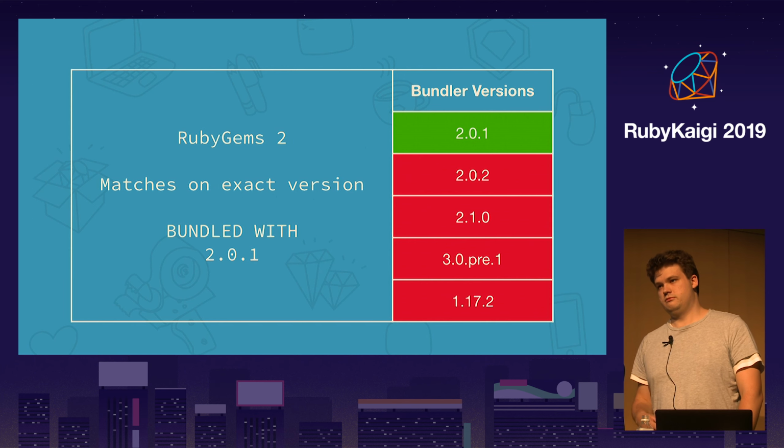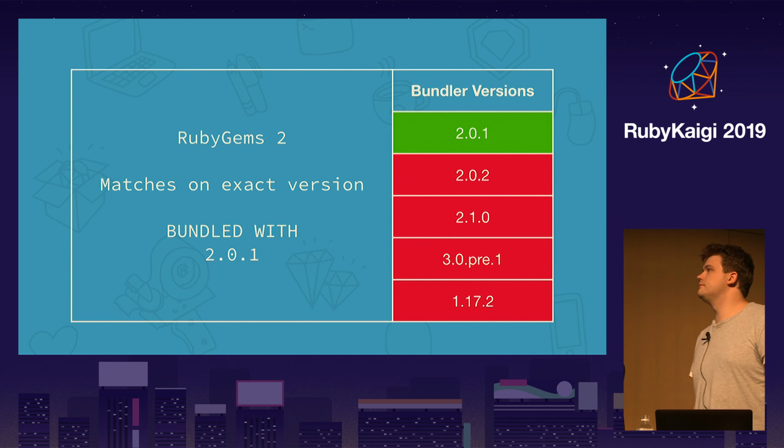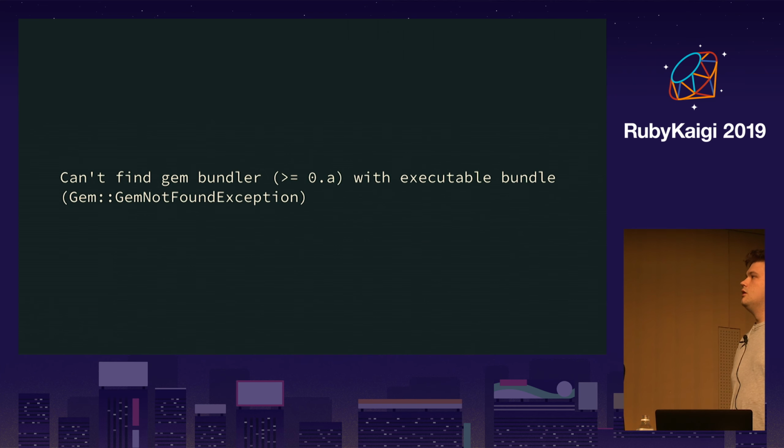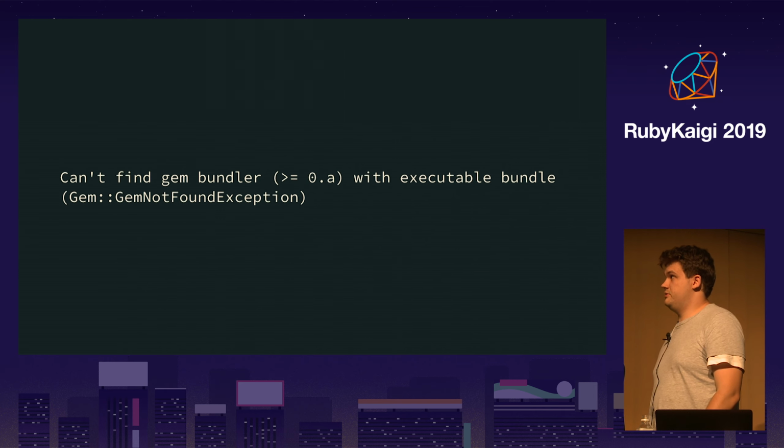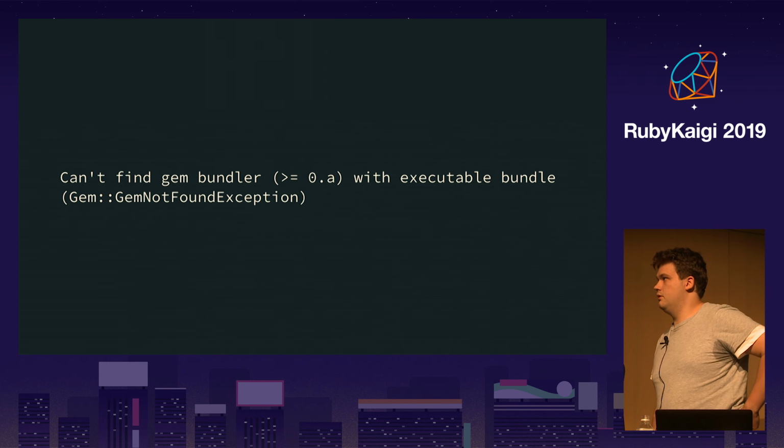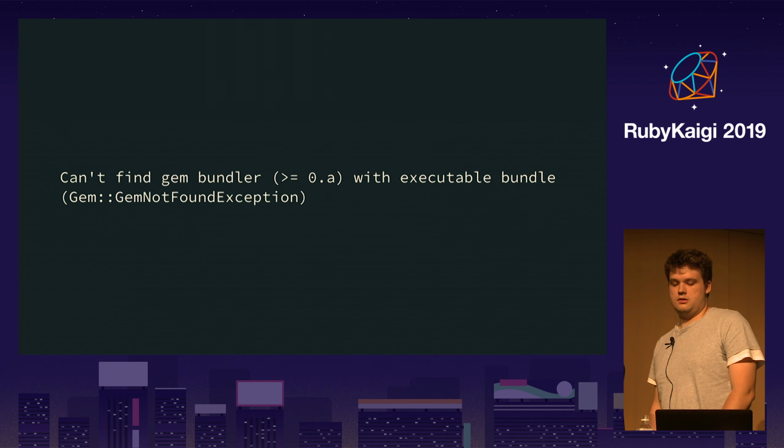Any other version will be filtered out by RubyGems. And then if you're using RubyGems 2, you may get this really cryptic error. And this has been a source of a lot of problems for people.